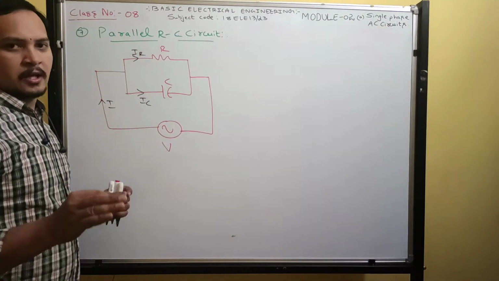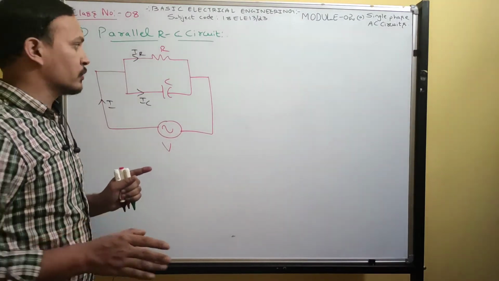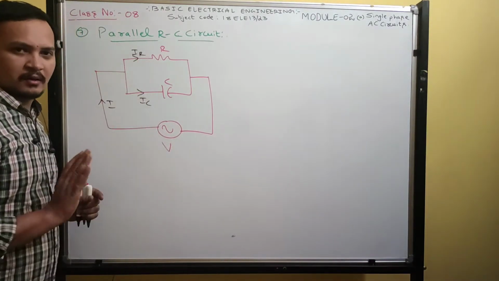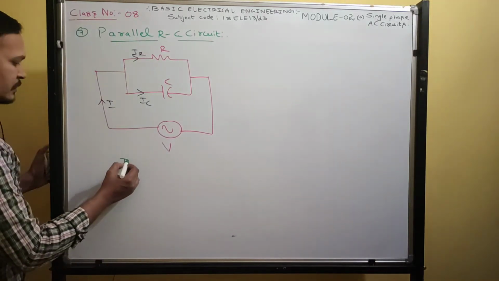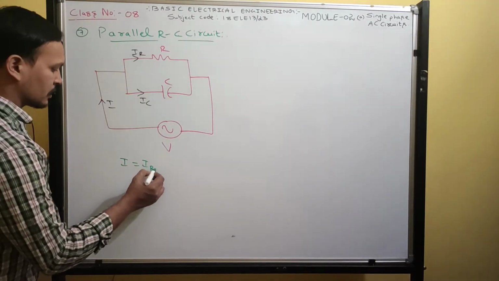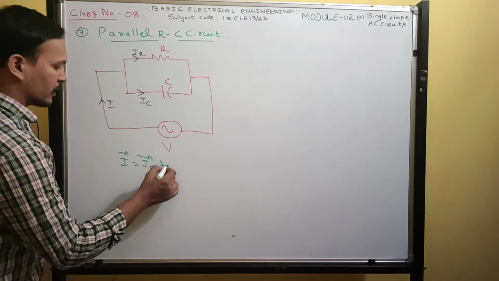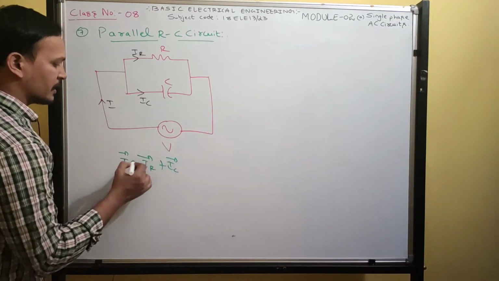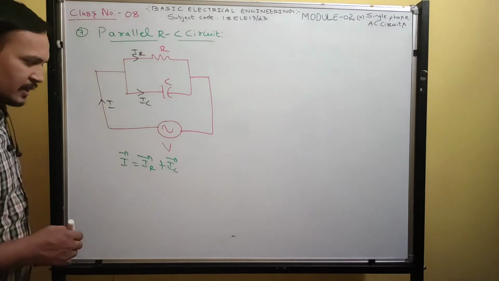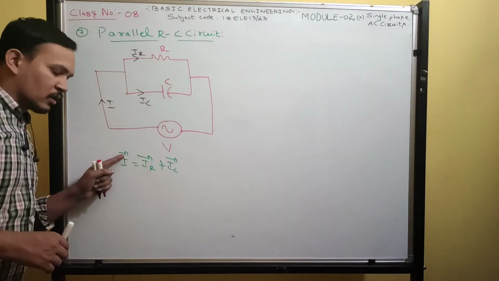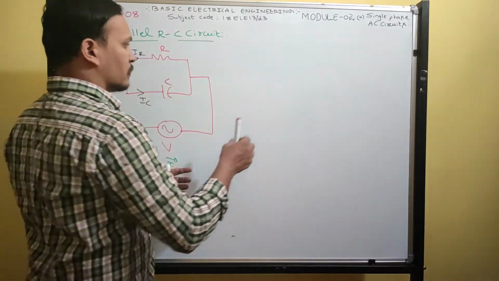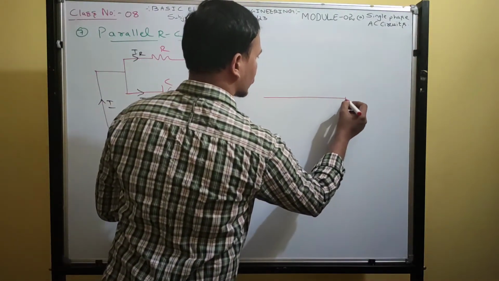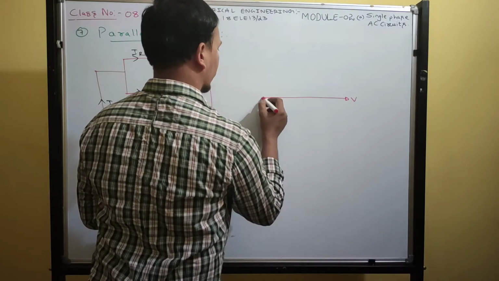In AC, keep in mind vector addition; don't do direct addition, that is not correct. So I is equal to IR plus IC, added as vectors or phasors. Voltage is the reference, because in a parallel circuit we take voltage as reference.